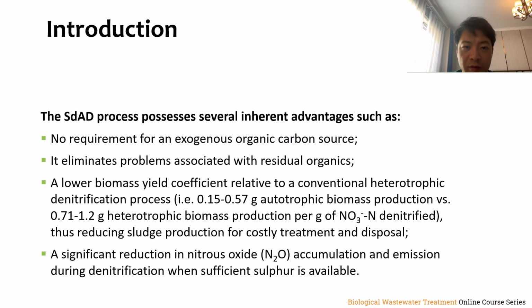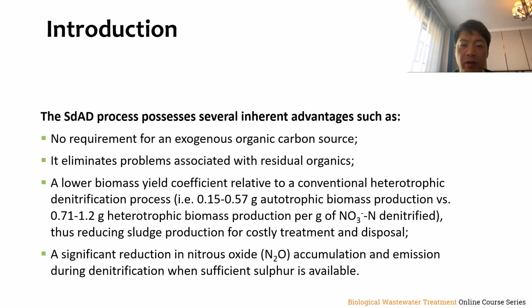Sulfur autotrophic denitrification also has a significantly lower biomass yield coefficient. For every gram of nitrate denitrified, sulfur denitrification produces between 0.15 to 0.57 grams of autotrophic biomass, while the heterotrophic process produces 0.71 up to 1.2 grams of heterotrophic biomass. This reduces the biomass production significantly.